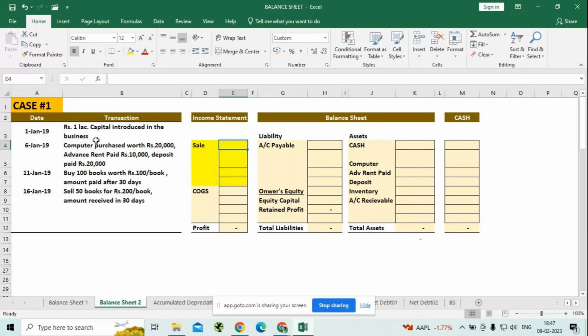So it affects which components of the income statement and the balance sheet? You can let me know.